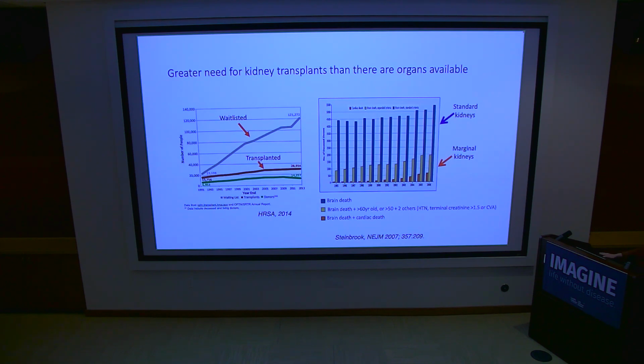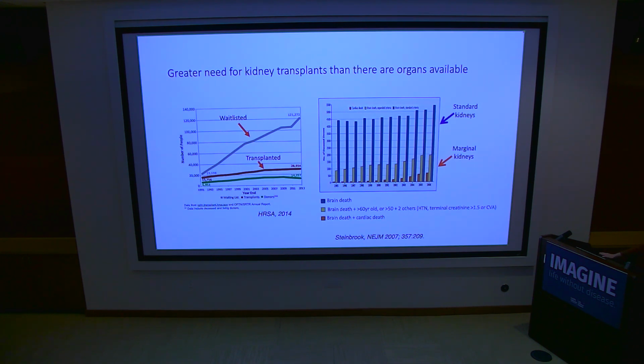These marginal kidneys are kidneys from a deceased donor whose brain has stopped working, but who are also older than 60 years of age, or older than 50 with other comorbidities such as hypertension or elevated creatinine, or who died from a stroke.